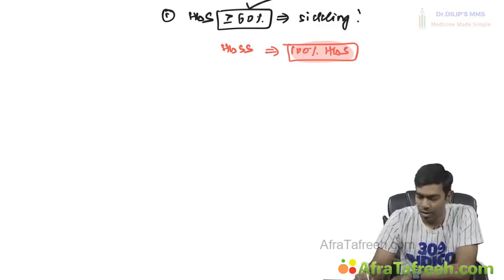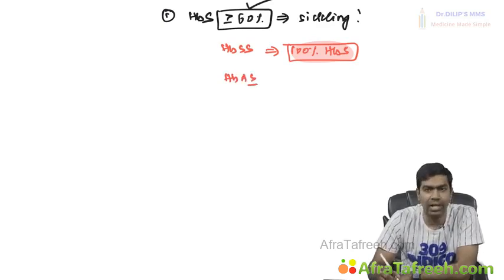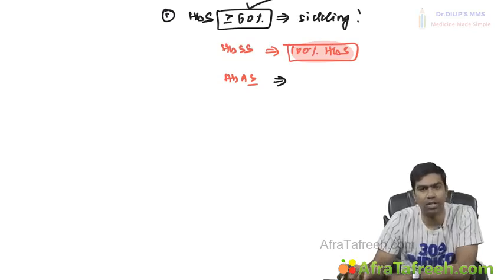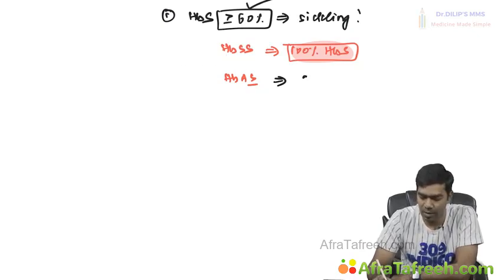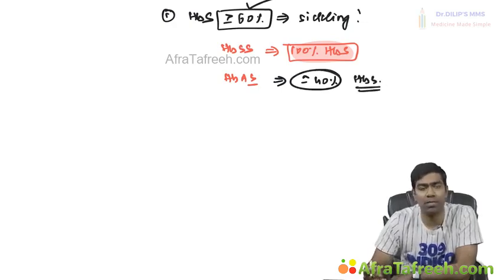Sickling. If you ask me about HbAS, which means it's a sickle cell trait. In sickle cell trait, since one beta globin gene is normal and only one is producing sickle hemoglobin, there will be only approximately 40% of the hemoglobin of HbS type.